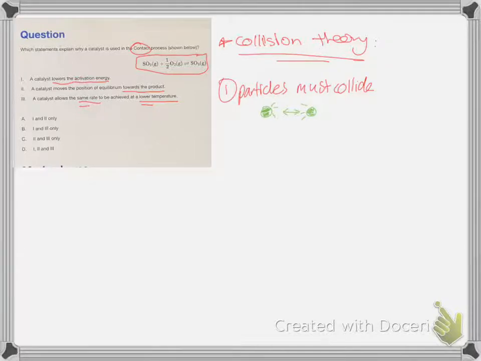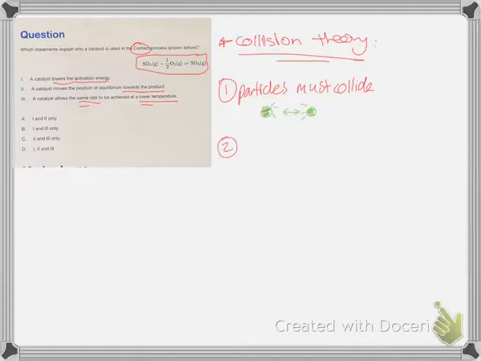Now, the second rule states that the particles must collide with a certain orientation or geometry, and this will result in the reactive parts of the particles coming into contact with each other and forming the reaction, or undergoing a certain reaction.